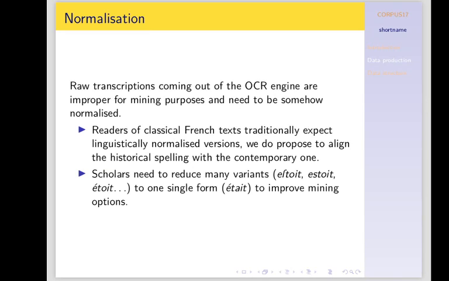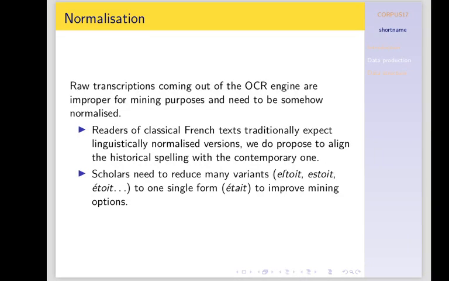Now we move to another problem, which is linguistic normalization. As we've said, raw transcriptions coming out of the OCR engine are improper for mining purposes. It creates a lot of problems because there is a lot of noise. First, readers of classical French texts expect a linguistically normalized version. So if we produce a corpus, we need to provide this kind of data because otherwise they won't read the text.